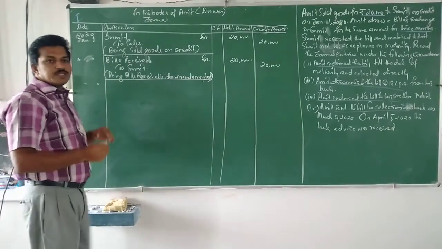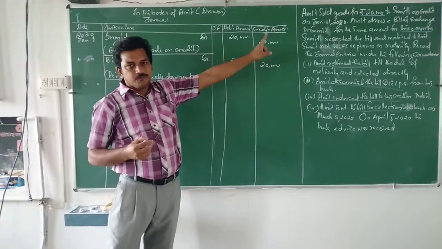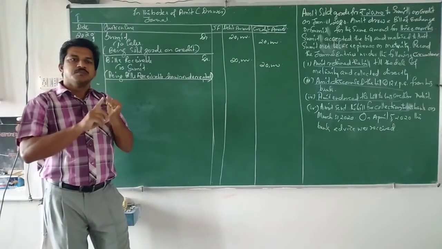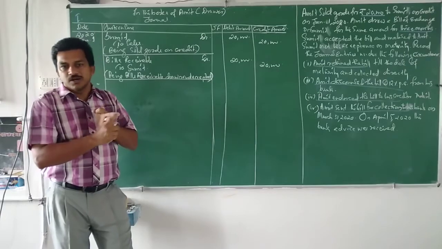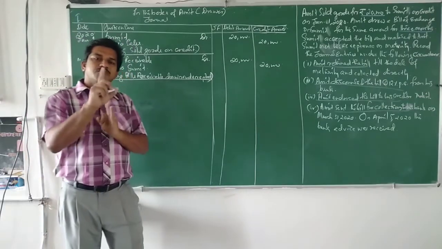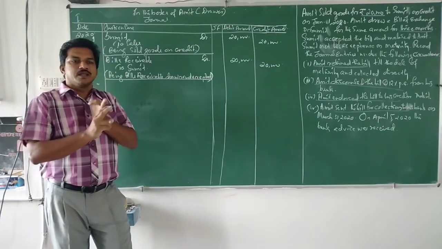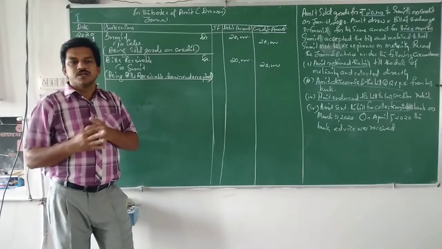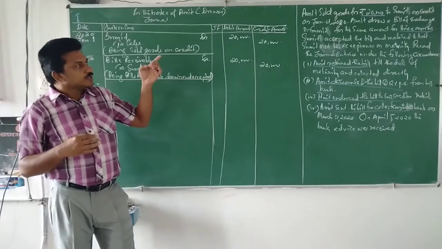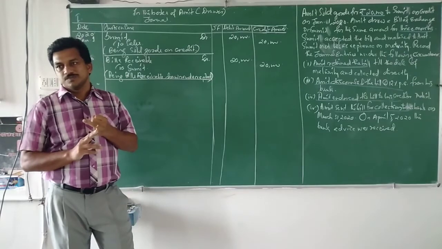So when is the maturity? See, January 1 it is drawn for 3 months: February 1, March 1 and April 1. So April 1 is maturity, and we have studied that 3 more days can be given, so it can be on April 4.